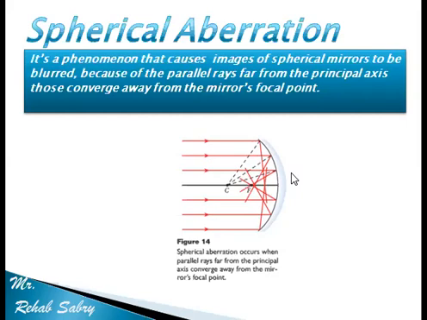Well, let's see. First of all, let's talk about this point, spherical aberration. It's a phenomenon that causes images of spherical mirrors to be blurred, not clear, because parallel rays far from the principal axis converge away from the mirror's focal point.